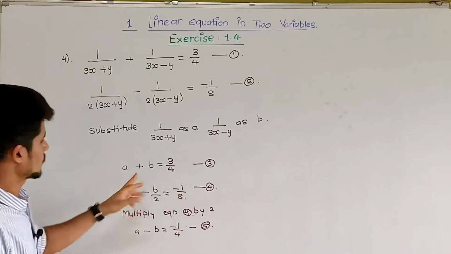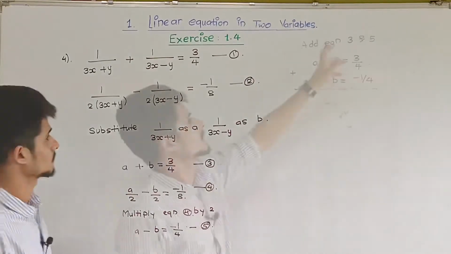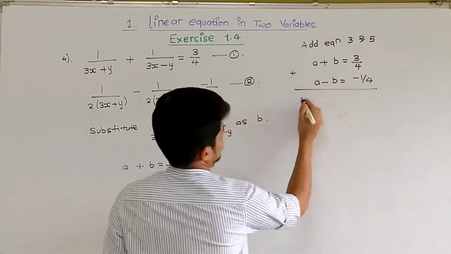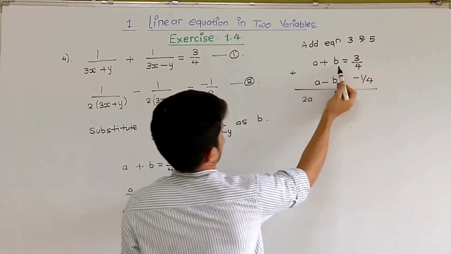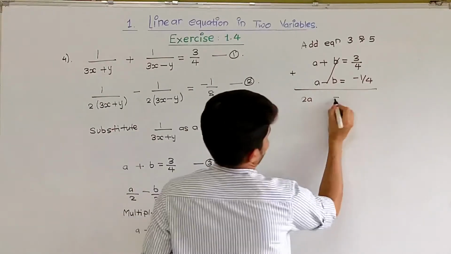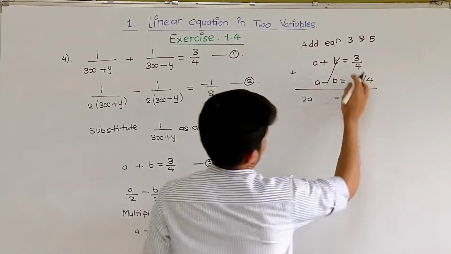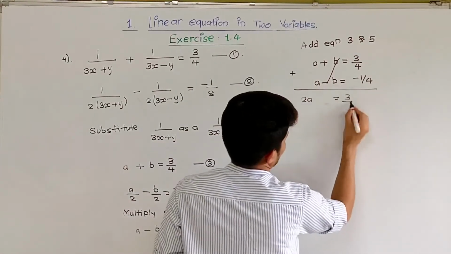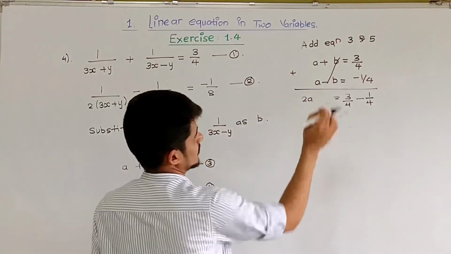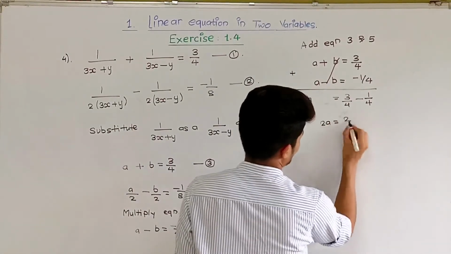Now we'll add equation 3 and equation 5. By adding, variable b will be eliminated and we'll find the value of a. A plus a is 2a, plus b minus b, variable b is eliminated. 3 by 4 minus 1 by 4, 3 minus 1 is 2, that is 2 by 4. 2a is equal to 2 by 4.